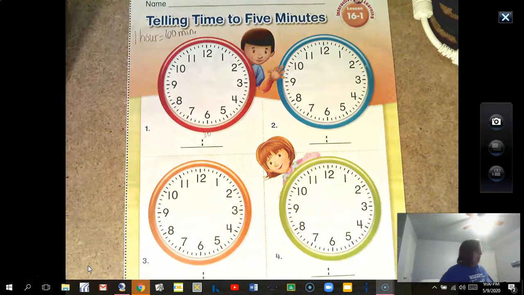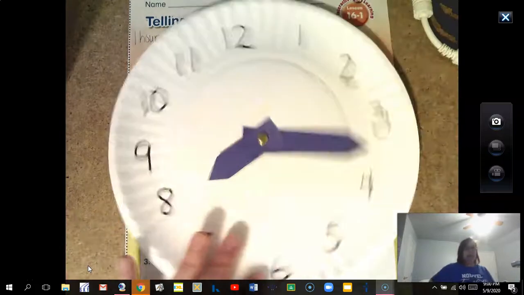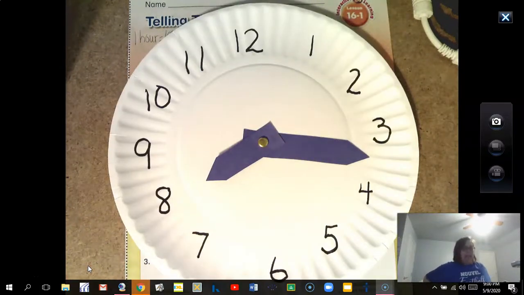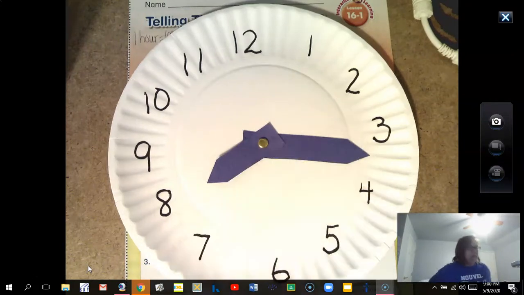Okay, I am going to first start out, and we're just going to do a couple. So pull out your clocks that we created. And if you haven't created your clock yet, please go back and look for a video that I made on clocks. You should have all the supplies. I put this little brad thing in there. It's in your blue box, and I put construction paper, and that's in your blue box.